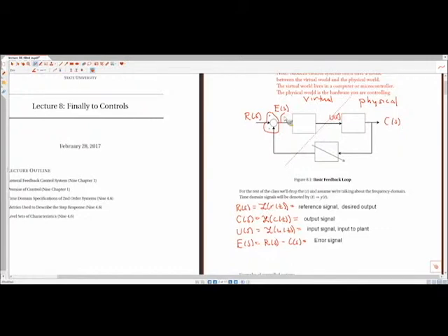So another element of verbiage that will be used in this class is the plant.